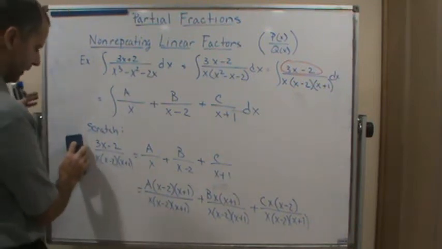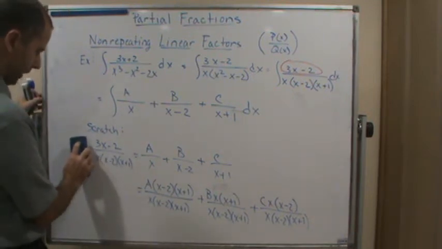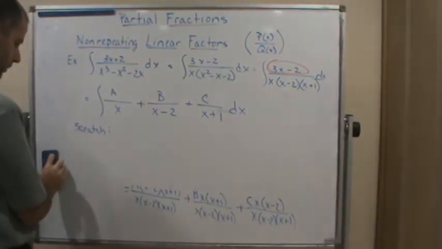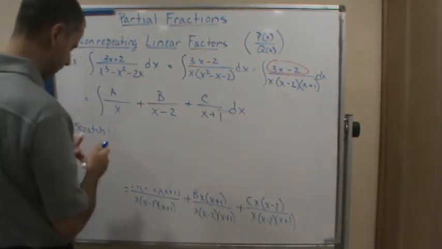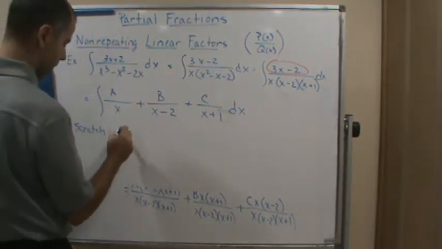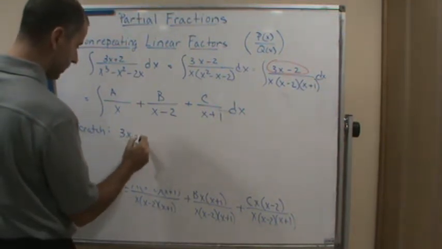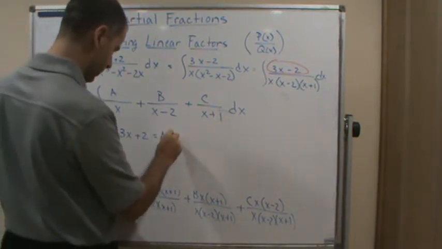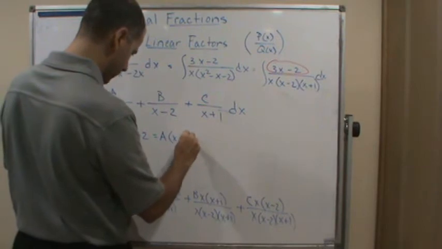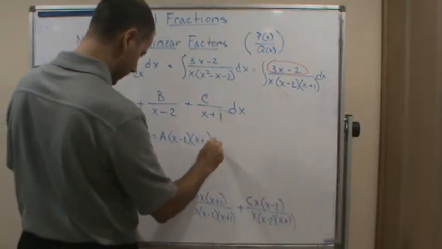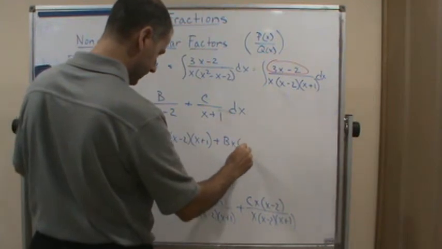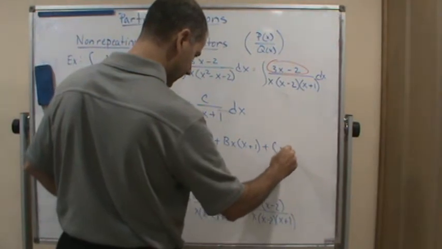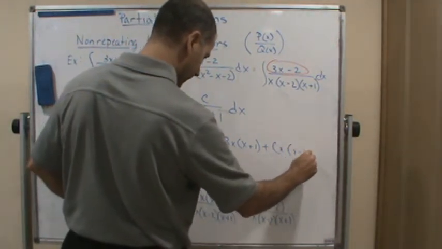Okay, so I'm going to go back to here, and I now am going to write: so now I have 3x minus 2 has to equal a times x minus 2 times x plus 1 plus bx times x plus 1 plus cx times x minus 2.